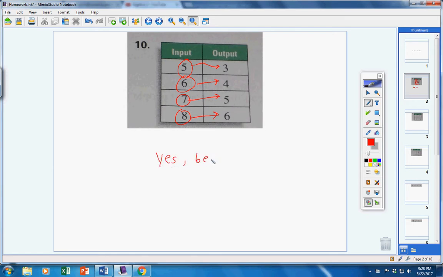Why? Because each input has exactly one output. Okay.